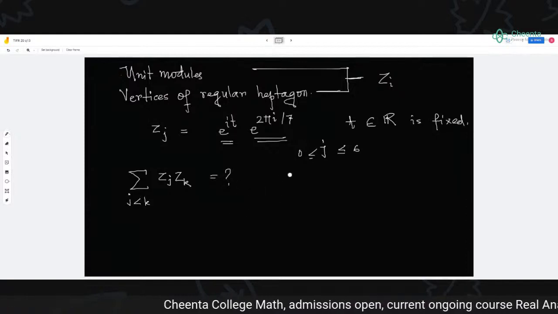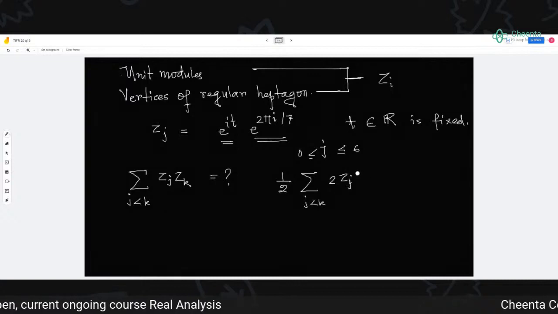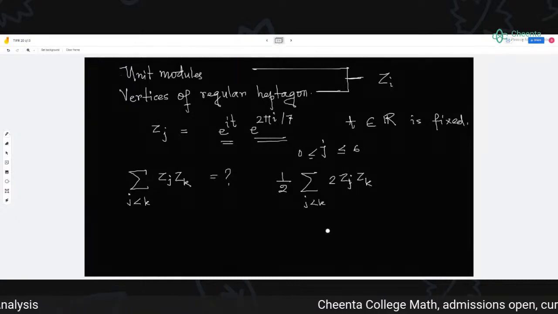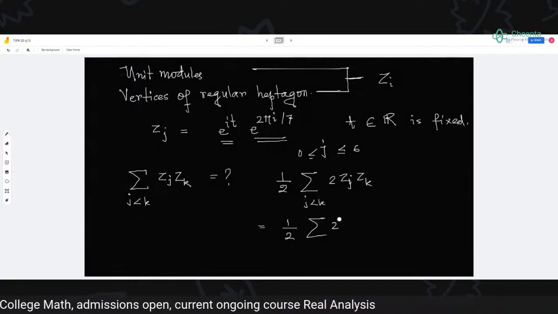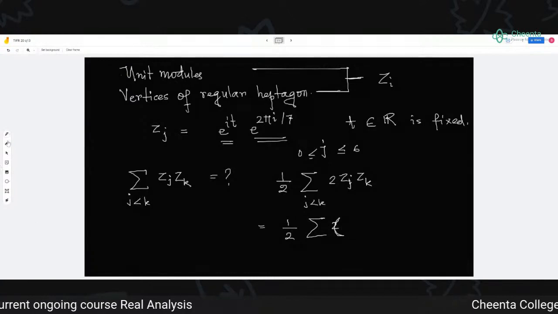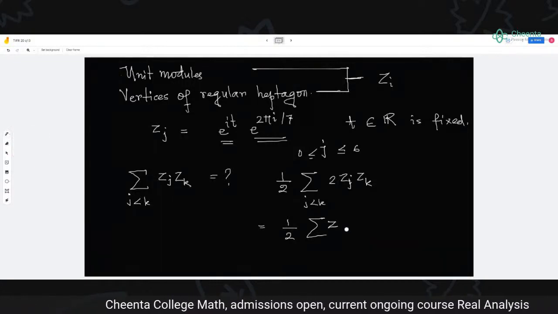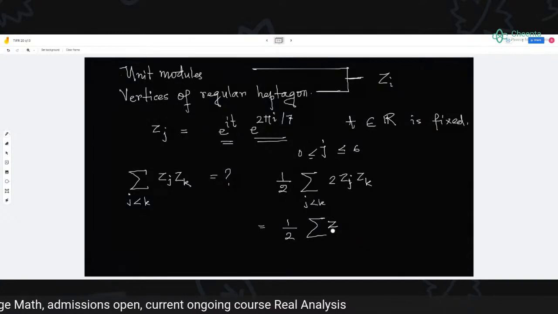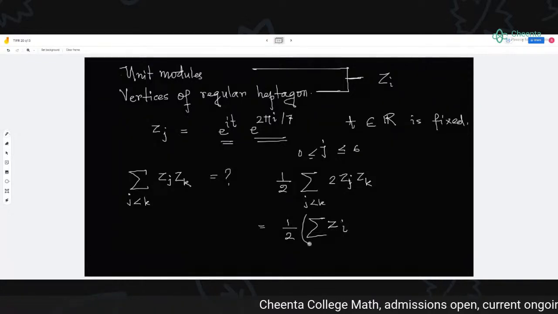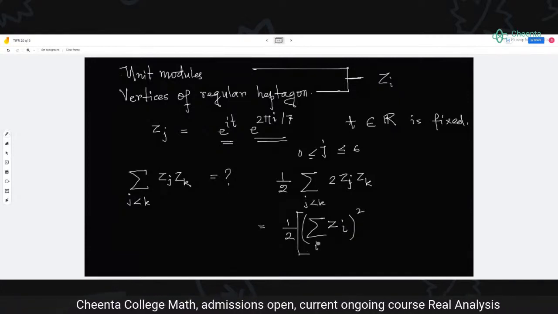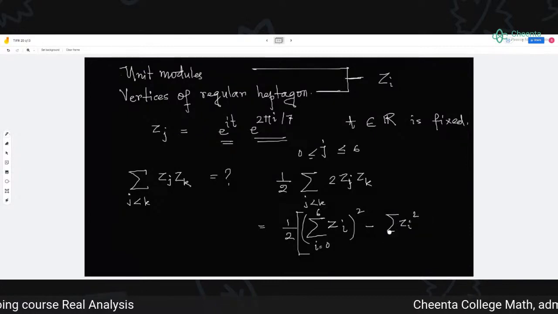If you take half into the sum over j less than k of 2 zj zk, this is practically nothing but the sum of zi, whole square, minus the sum of zi square, with i equals 0 to 6.